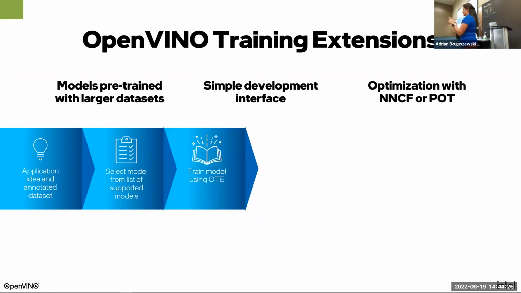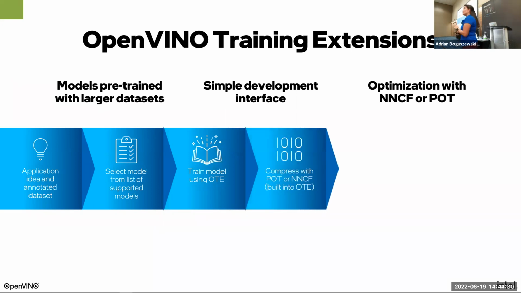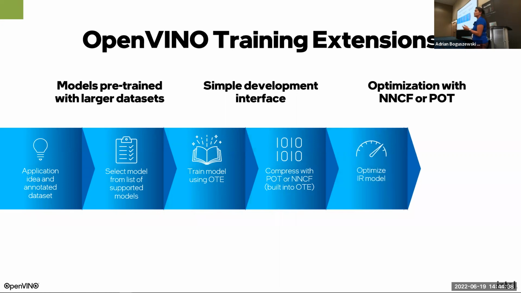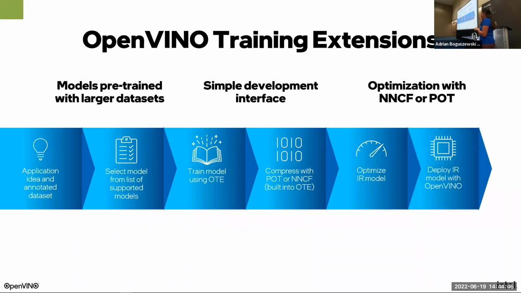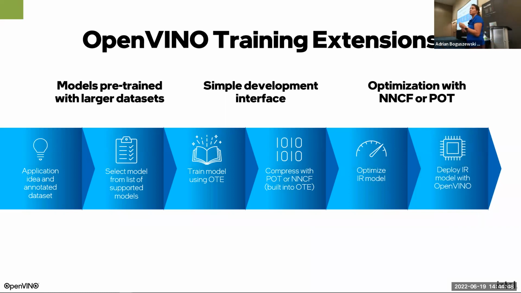I will show you that in just some minutes. Then you are able to compress the model with POT or NNCF, which is a mix of everything, and also optimize the model with the model optimizer and convert it to the intermediate representation format. At the end, you have the deployment running properly with the intermediate representation format on every single Intel hardware.